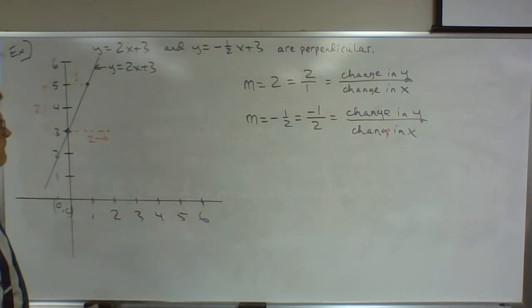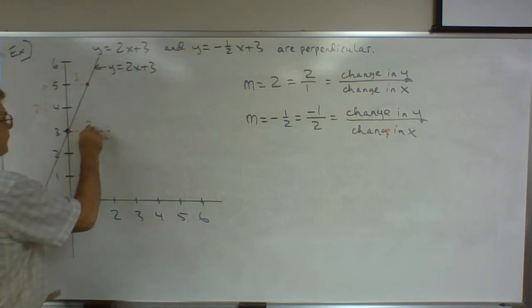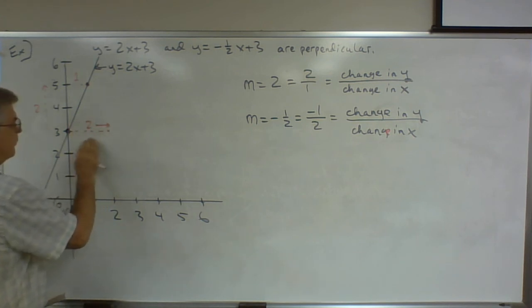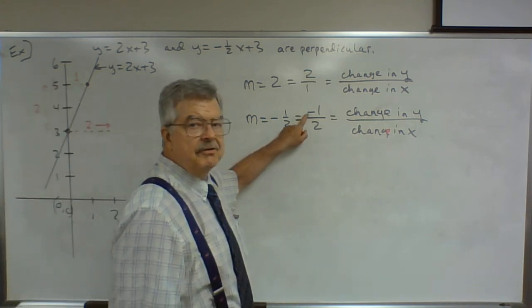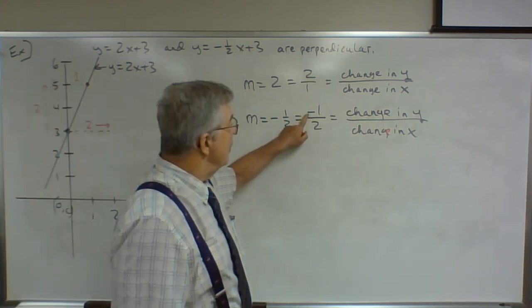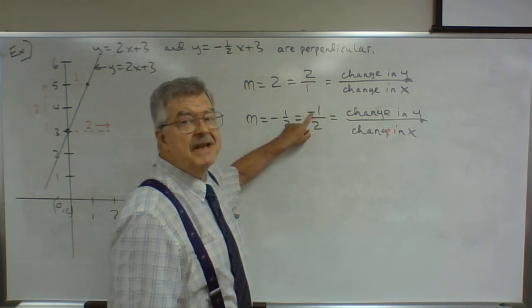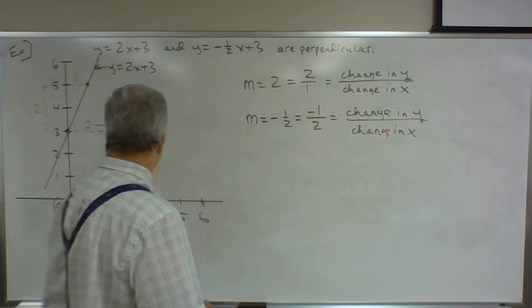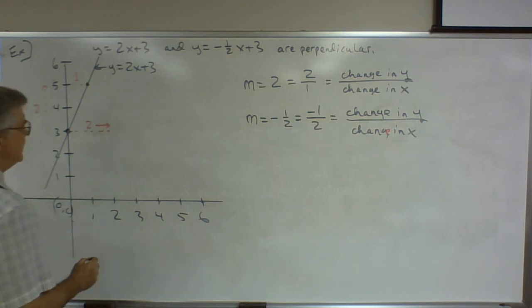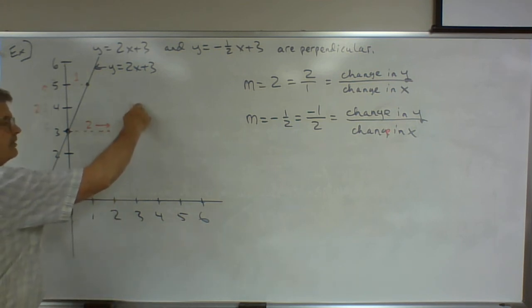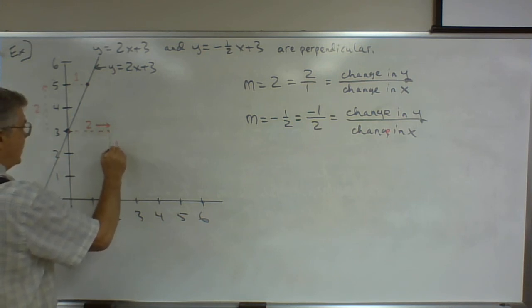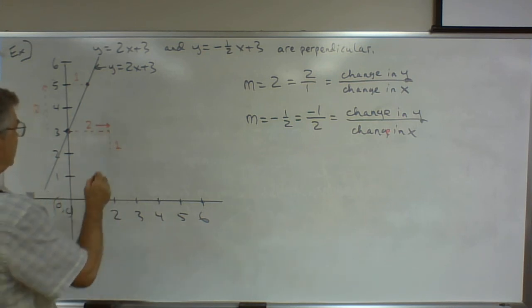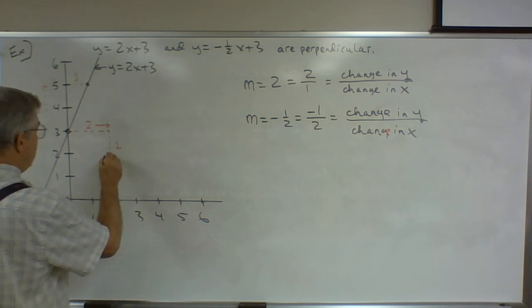And now we're going to go negative 1 units in the positive y direction, or 1 unit in the negative y direction. So how do we go in the negative y direction? The negative y direction is down, so we go like this, 1 unit down in the negative y direction, and we get our next point.